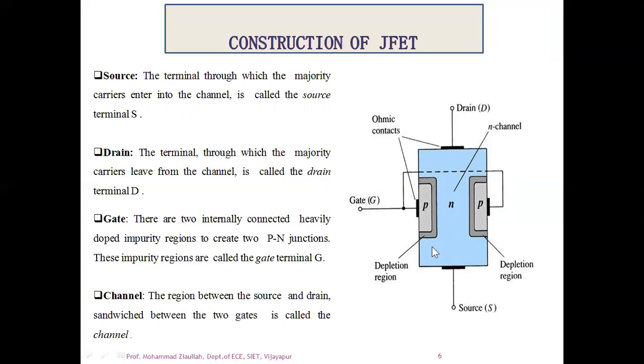The construction of JFET is as follows. The source terminal is an input terminal, and drain is the output terminal. The majority of the charge carriers will enter into the channel through the source terminal denoted by S. When the input is applied at this source, the flow of charge will always be from source to drain.